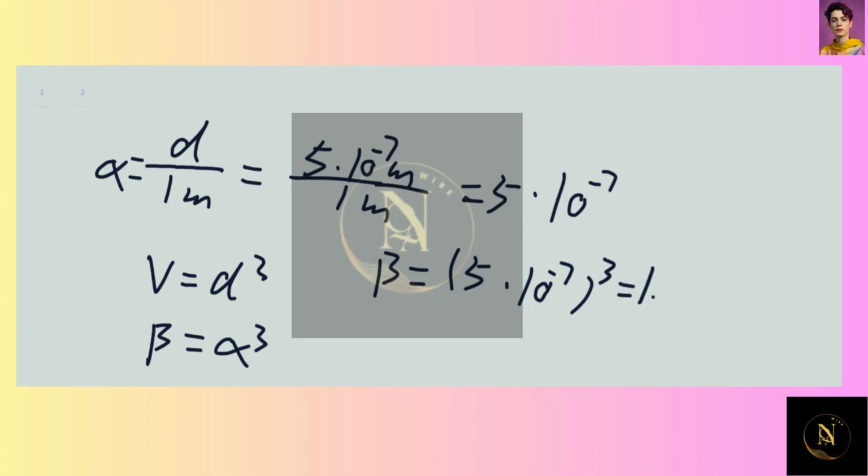So we get 1.25 times 10 to the negative 19. That's the factor we need to decrease as a whole to shrink the Earth, and that's the answer to the question.